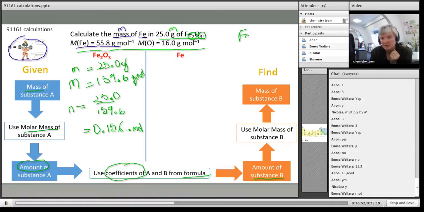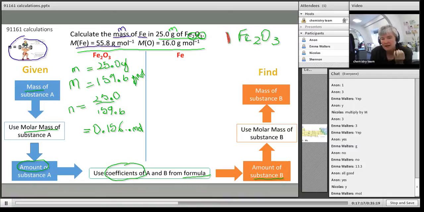If I've got Fe2O3, can you see for every one Fe2O3, how many Fe's have I got?